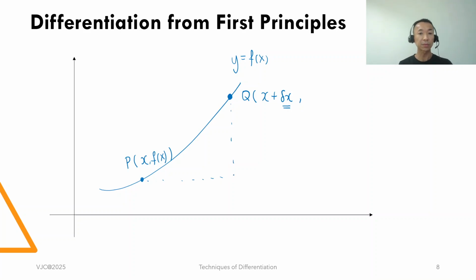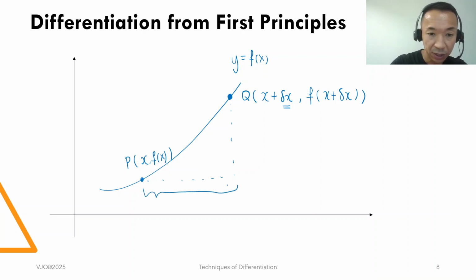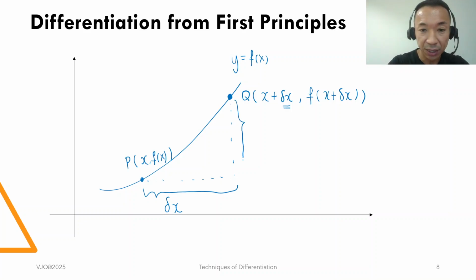I think it's not difficult to say that the y coordinate is f(x plus delta x). Where this one, if I may mark here, this is what I call delta x. Then this change here is what I call delta y.